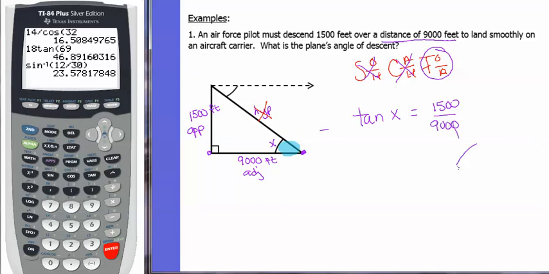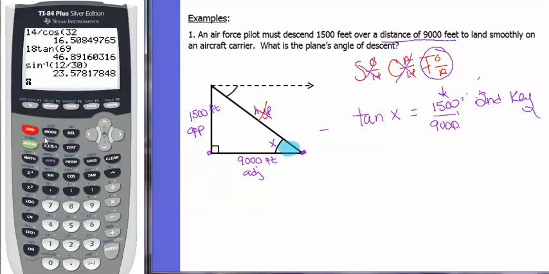So here's the trick. Is my X in the bottom or is my X in the top of this fraction? I don't see an X. Trick question. So that means what do I have to do? I have to hit the second key. So once I hit my second key, let's go over and do it.